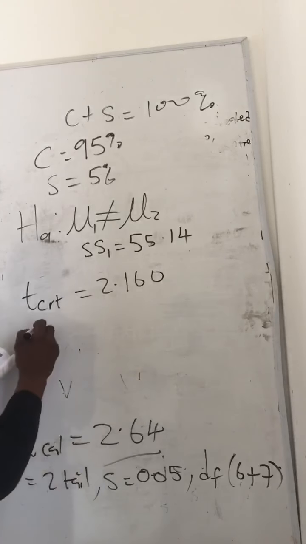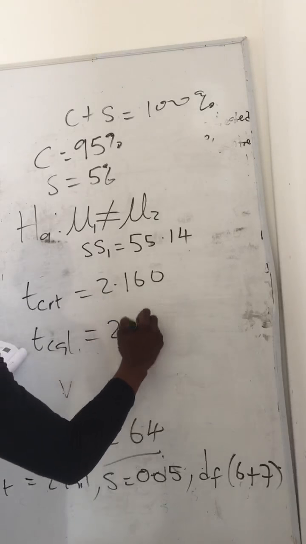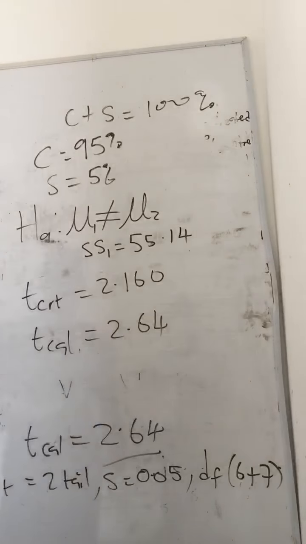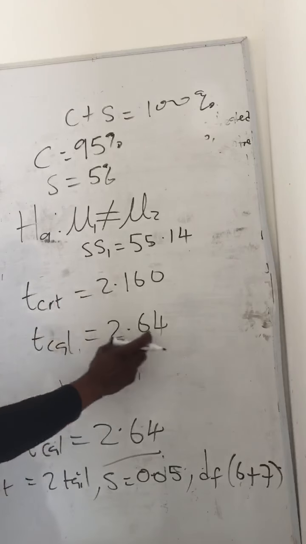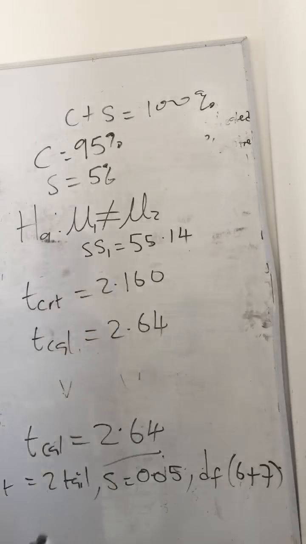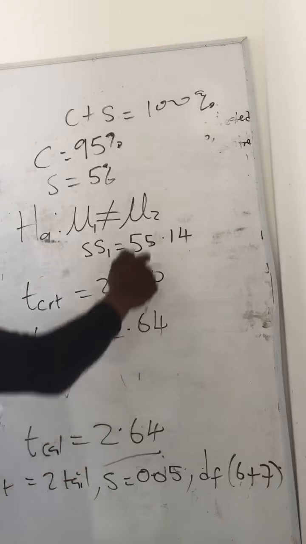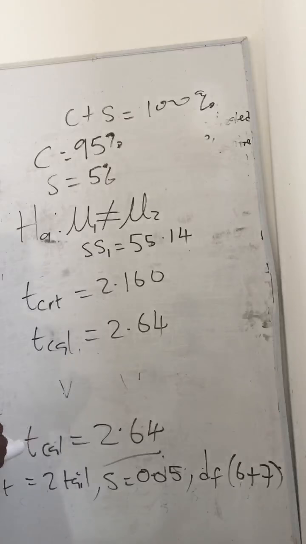Remember our calculated test value we got 2.64. So again, you compare the two. Now if you compare these two, you can see that the calculated 2.64 is higher than the critical, which is 2.16. So for this one, the calculated is higher than critical, so we can fail to reject. So we do not reject the null hypothesis.